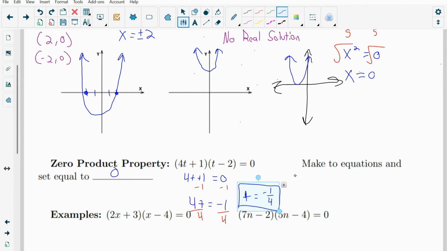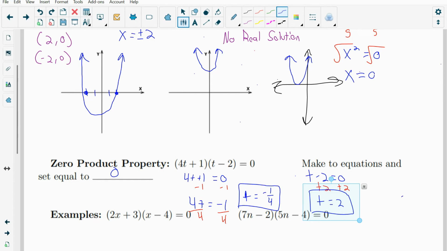I could also do the same with my second factor. t minus 2 equals 0. In this case, I would add 2 to both sides, which would give me t equals 2, which would be my other solution.